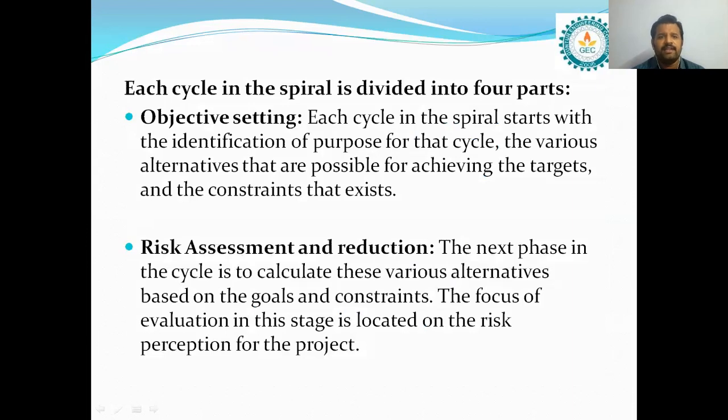Each cycle in the spiral model is divided into four parts. The first part is called objective setting. What do you mean by objective? The objective is nothing but the goal. Each cycle in the spiral starts with the identification of the purpose for that particular cycle.